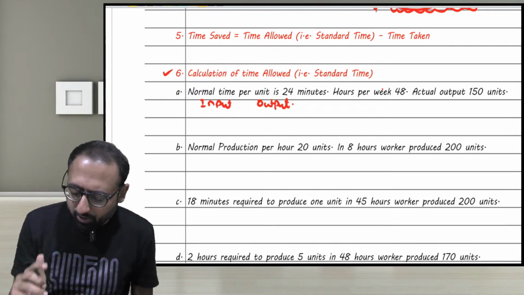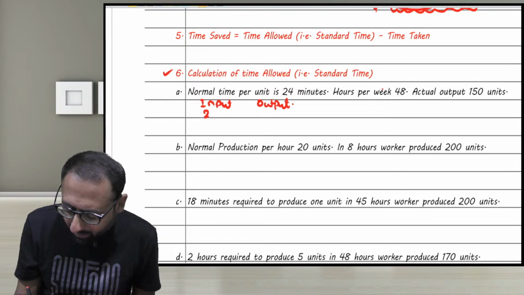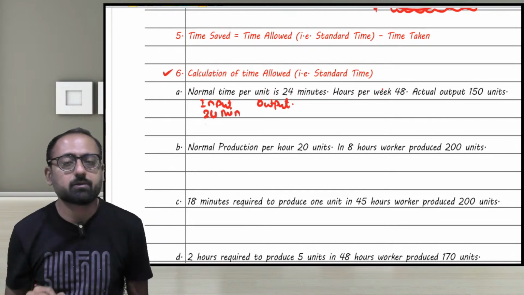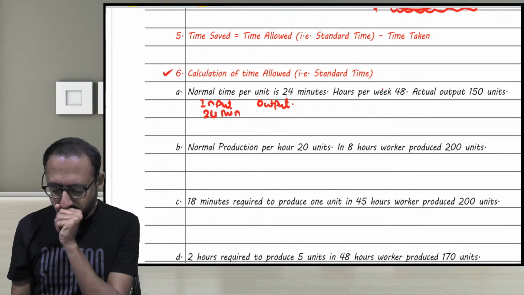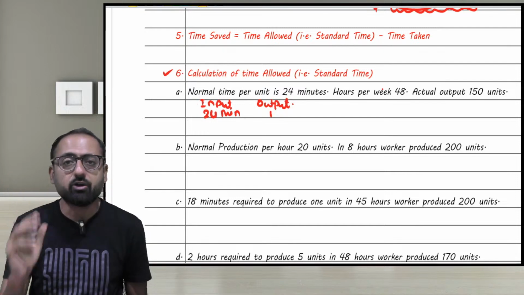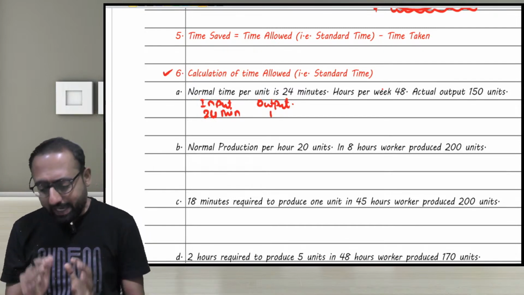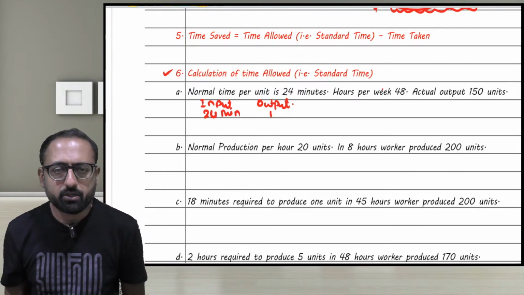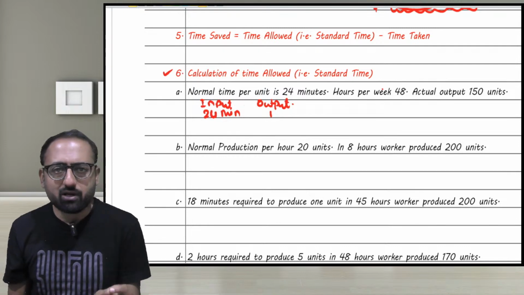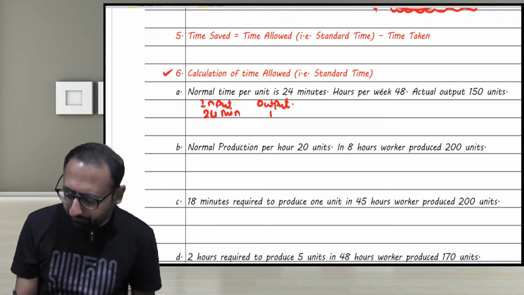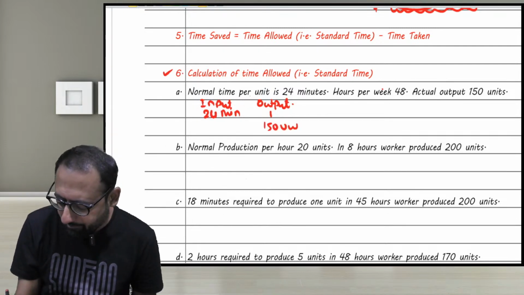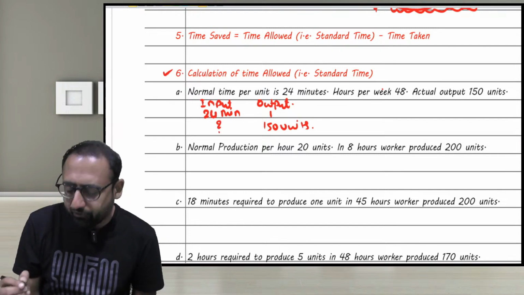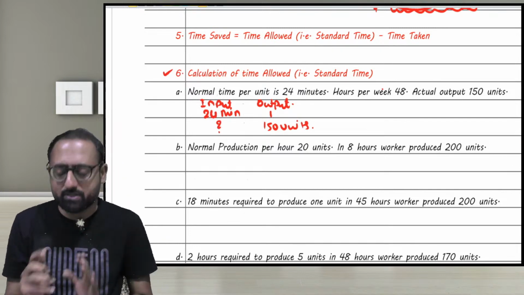Now, how to calculate that input output ratio? 24 minutes is your input to produce 1 unit of output. For actual output, in those 48 hours, the worker actually produced 150 units. Now you have to calculate time allowed in hours.